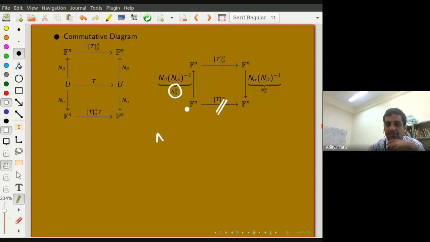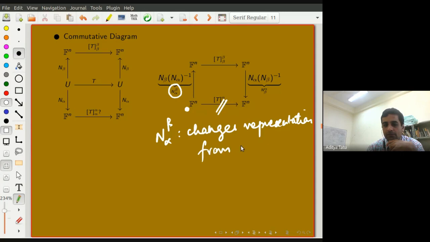What this does is change representation from alpha to beta.